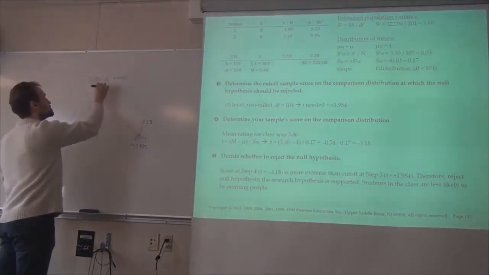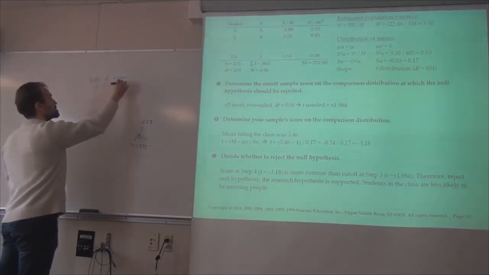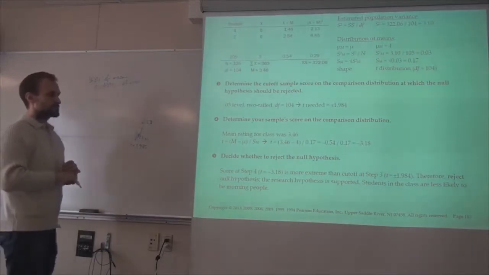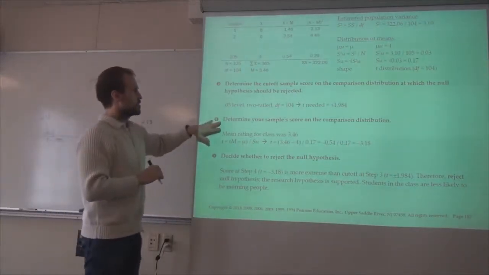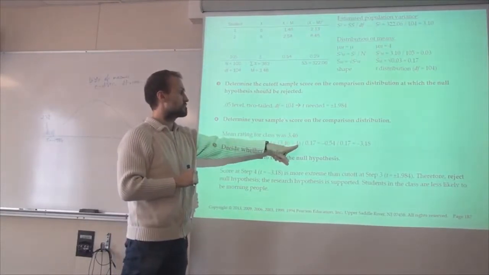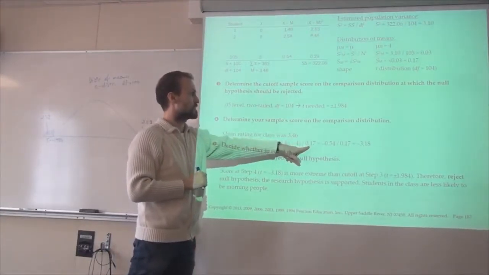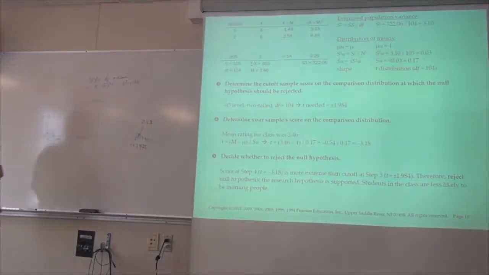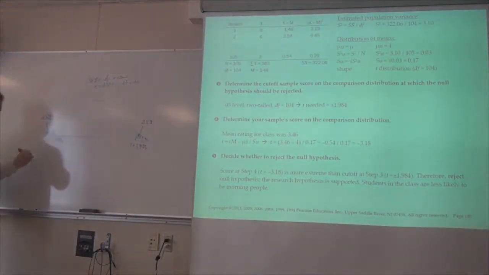It's a t-distribution, degrees of freedom 104. I calculate that, 3.46 compared to the distribution mean, with the standard deviation estimate, and I get negative 3.18. Ooh, that's out there.